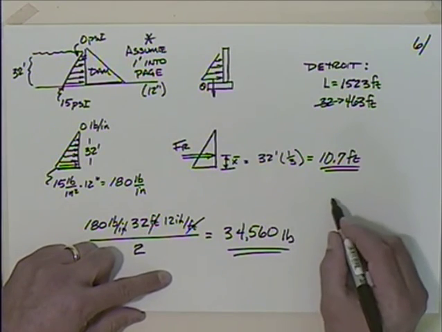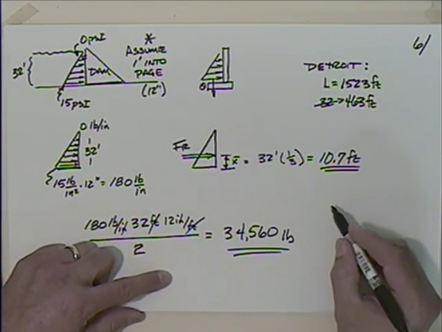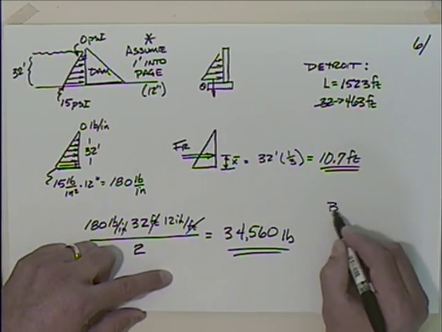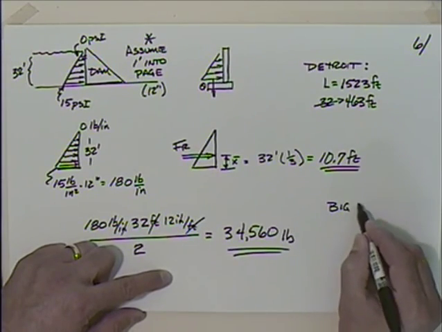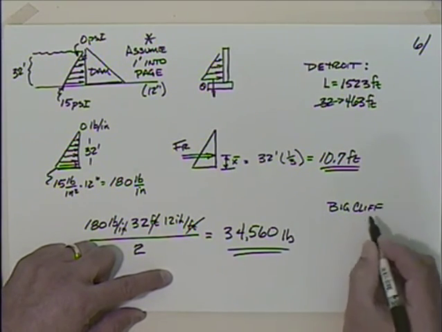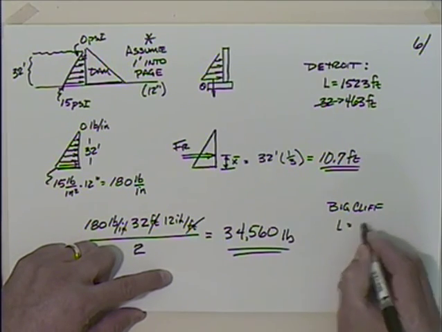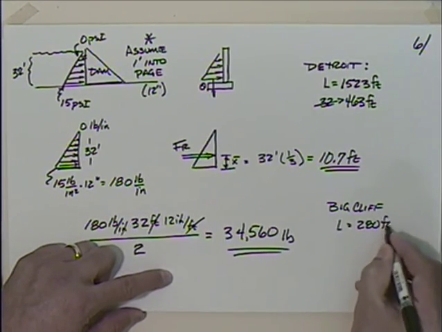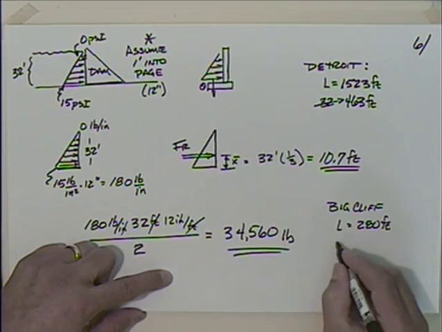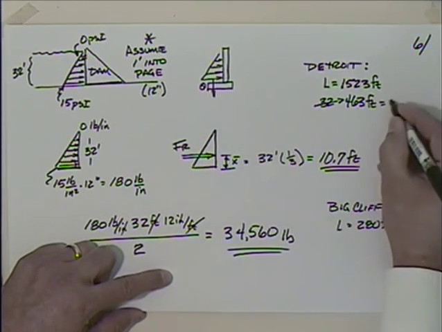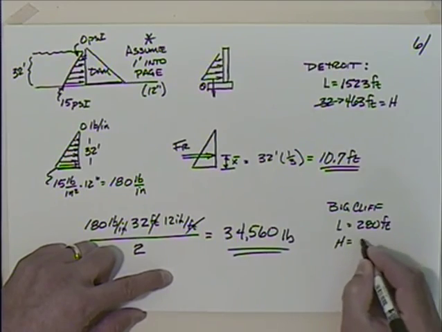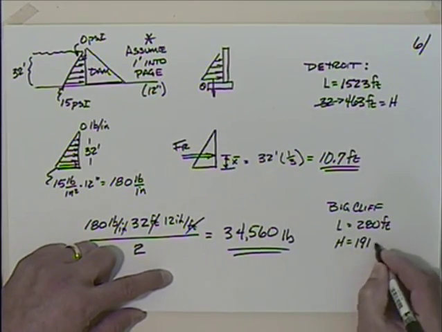Now, a lot of times they'll put dams in pairs to help with flood control like that. So there is Big Cliff. And it's not shabby. It's 280 feet long. It's in a much tighter canyon if you've noticed it, and the height, this being the height here, is equal to 191 feet.